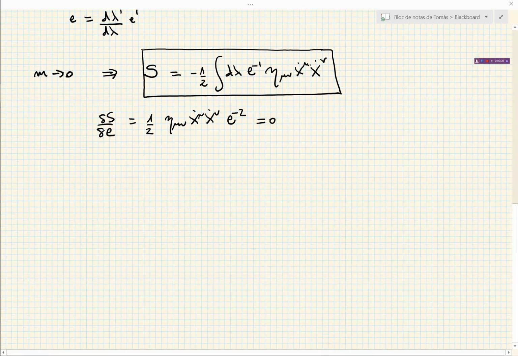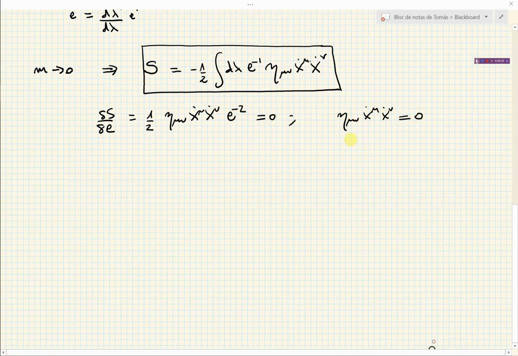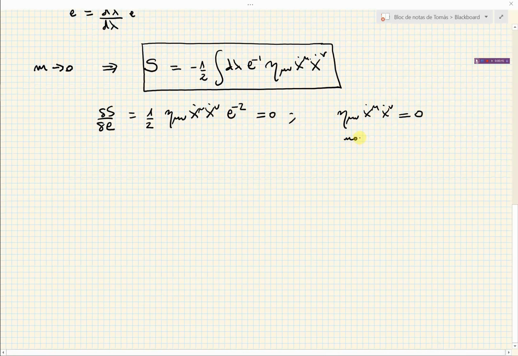So in general, this just imposes this constraint, which is the mass shell constraint in this case. This is the massless case.